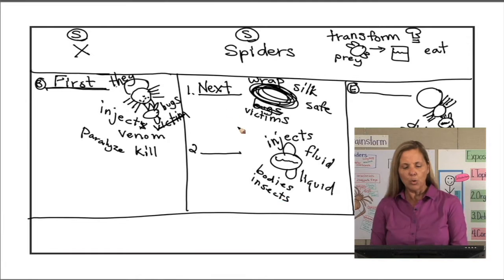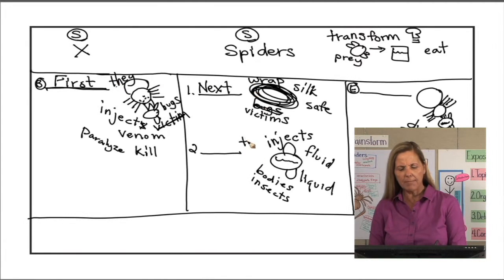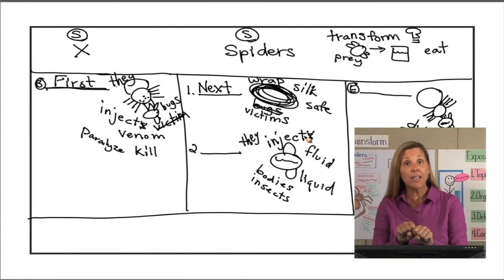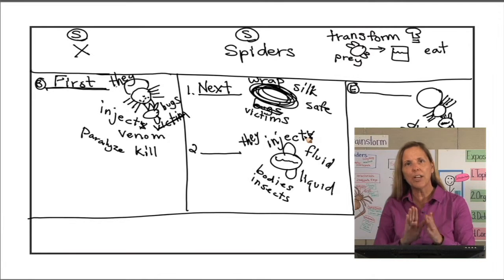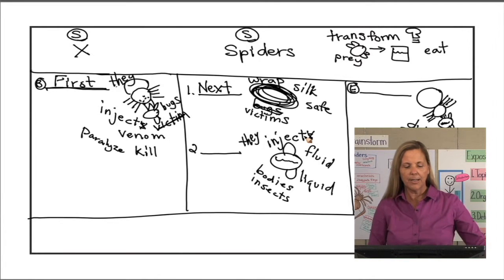Love that. So we have the spiders. So again, I'm using they here. I used spiders here. I can go back and use they again. They inject the bodies of the insects with a fluid so they'll turn into a liquid. Excellent. Do I need to have a starter word?